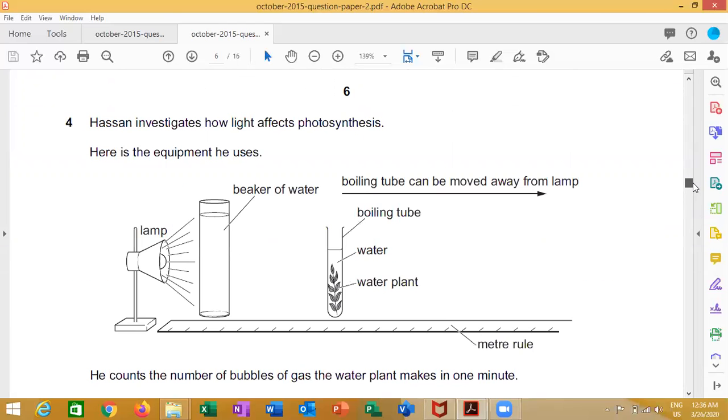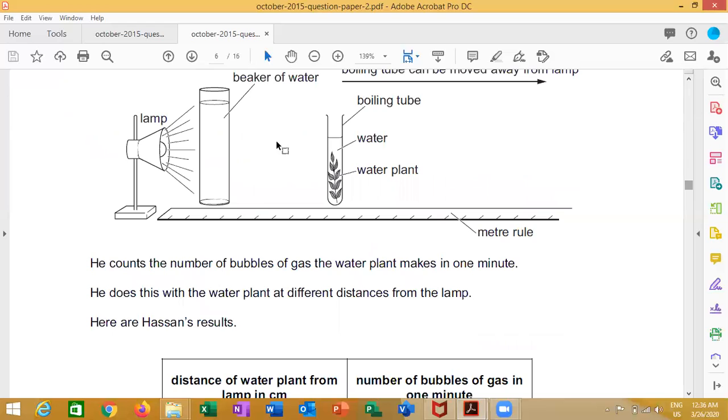Question 4. Here, this investigation is about the relation between the distance or the amount of light, or the light intensity, and the rate of photosynthesis. Of course, as you know, when the light intensity increases, the rate of photosynthesis will increase. So here he's changing the distance between the water plant and the light source. What will happen when the distance decreases?